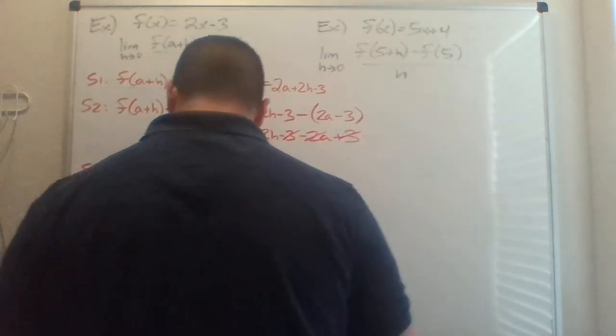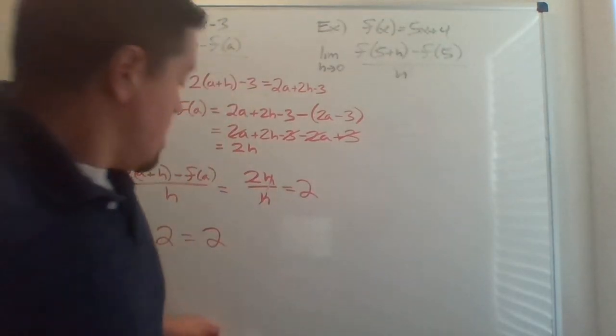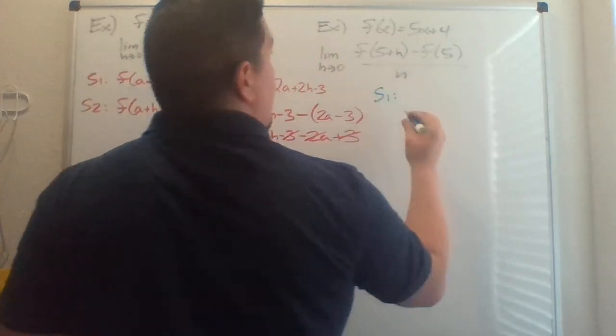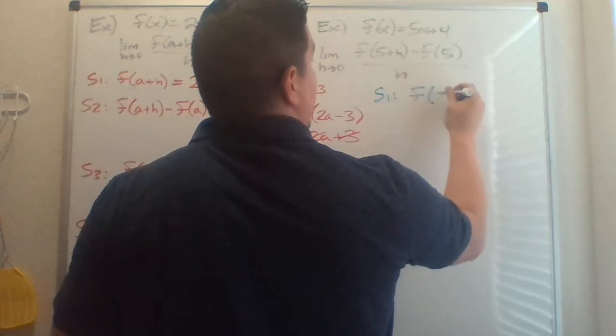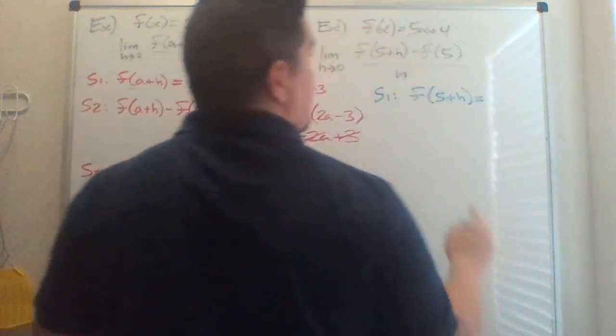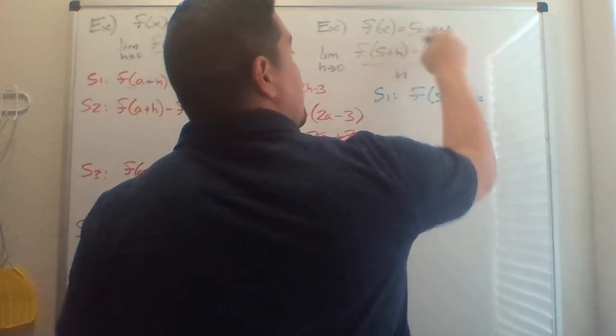Okay, so I'm going to change up the color first of all. I'm going to do step 1, and we're going to do f of 5 plus h, just that part. So what does that mean? Substitute 5 plus h for anywhere you see x.